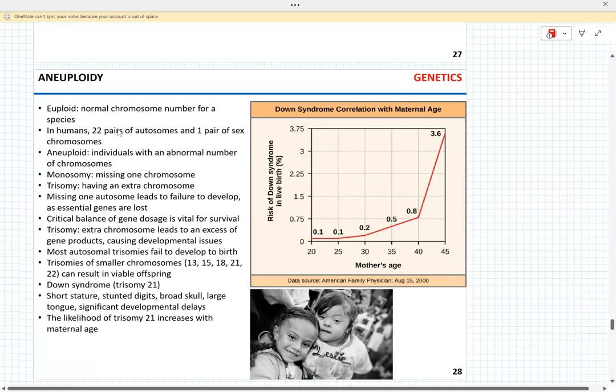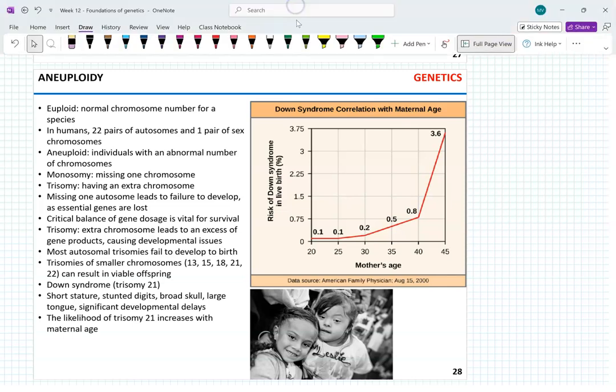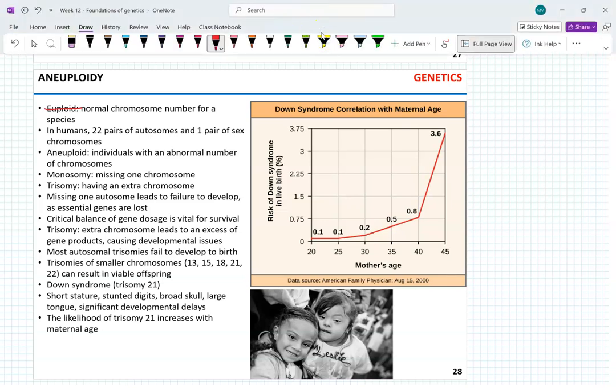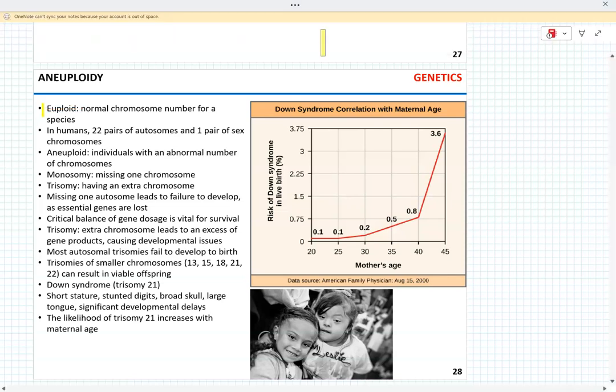So abnormal number of chromosomes is called aneuploidy. Euploid refers to the normal chromosomal number. So in humans, that would be 22 pairs of autosomes and one pair of sex chromosomes.